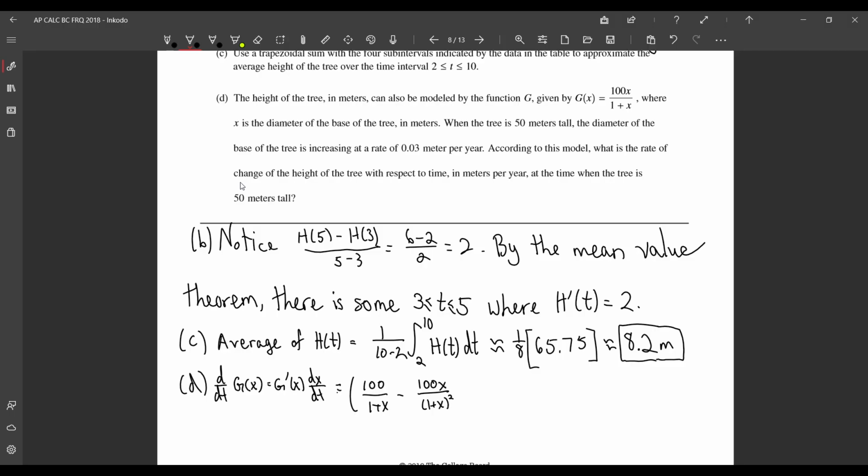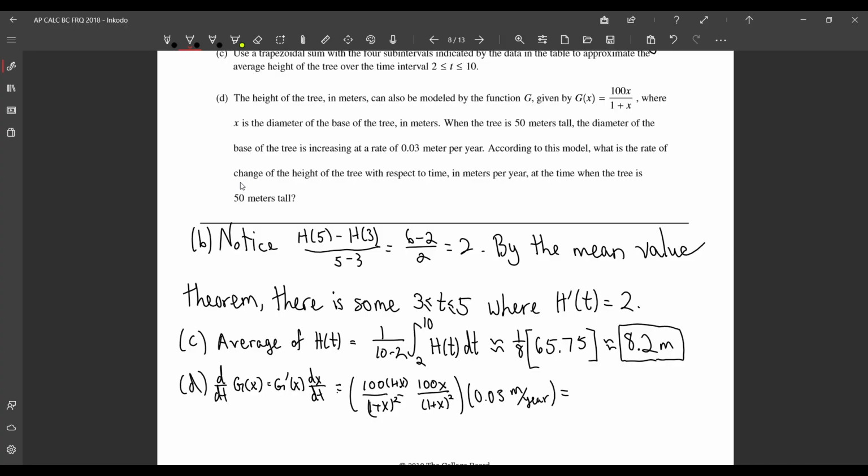So if I multiply this, I get (1 plus x) squared, so 100x, and then this is multiplied by 0.03 meters per year.